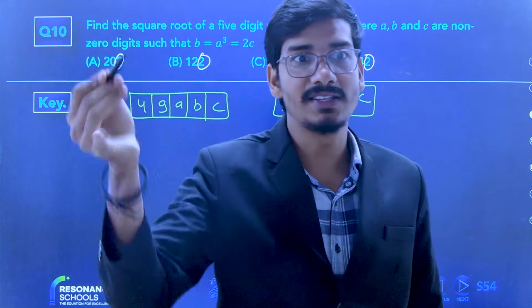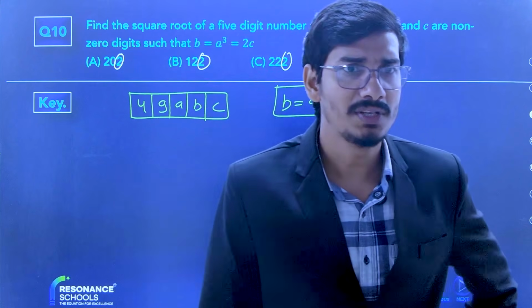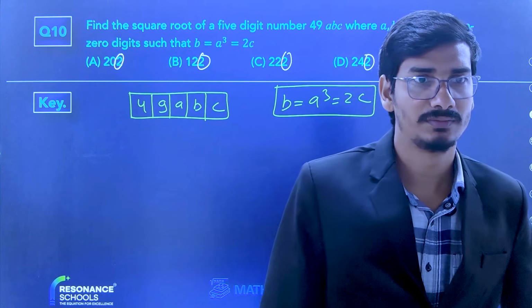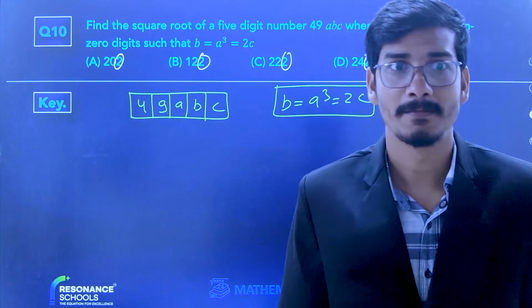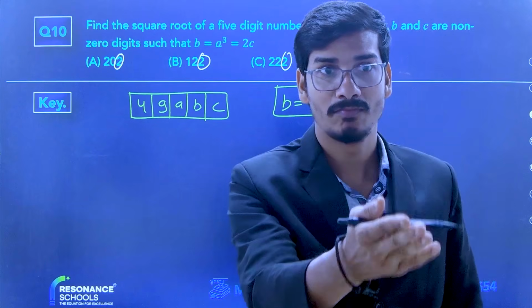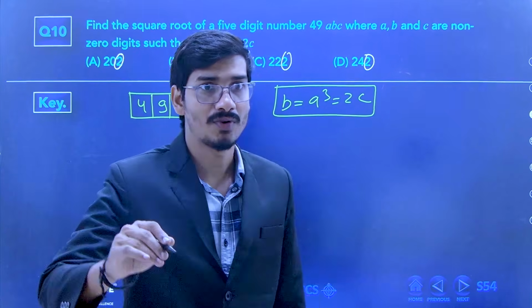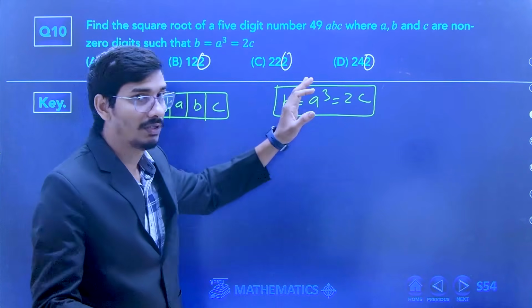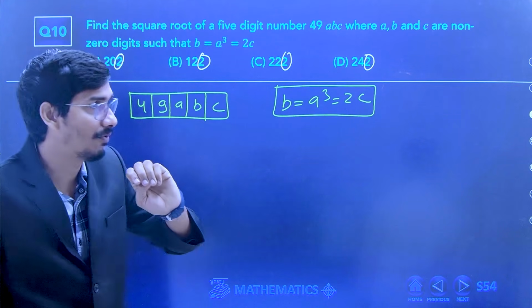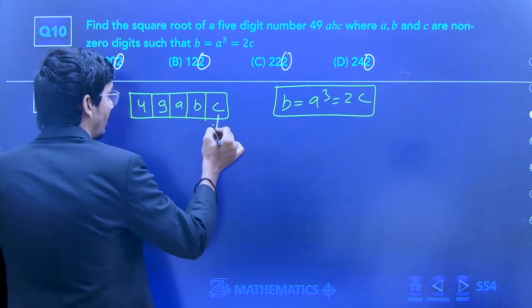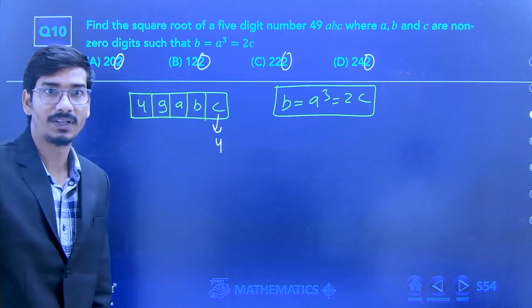So when you square a number which ends with 2, the last digit will be 4. It means the last digit must be 4.